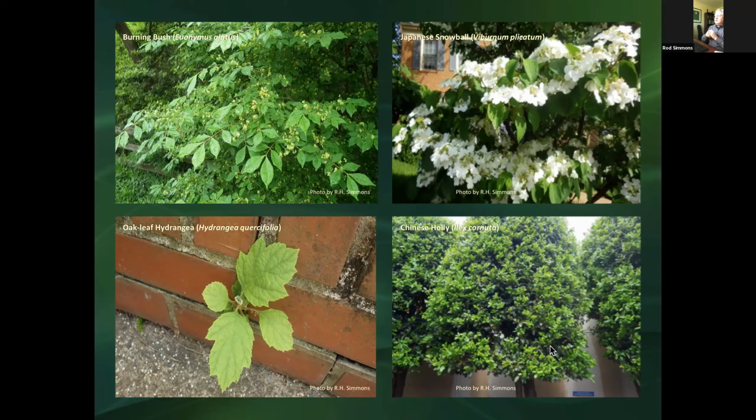So really want to use the native species when you're planting. There's two fine native viburnums to use instead: the black haw viburnum, Viburnum prunifolium, or arrowwood viburnum, Viburnum dentatum.